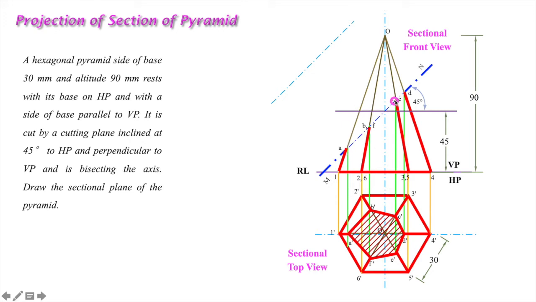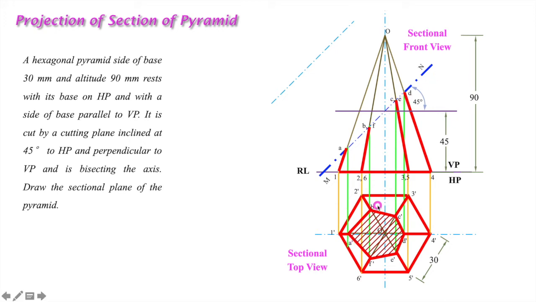Actually, AD is this. If theta is the angle, then A dash D dash is AD cos theta, which means the length has been reduced.